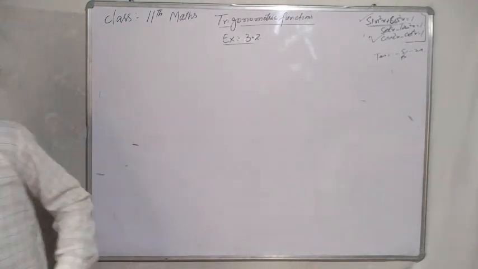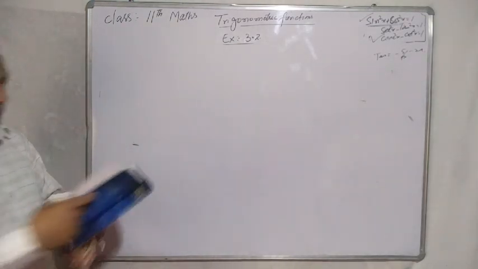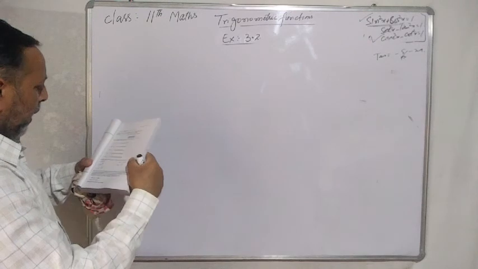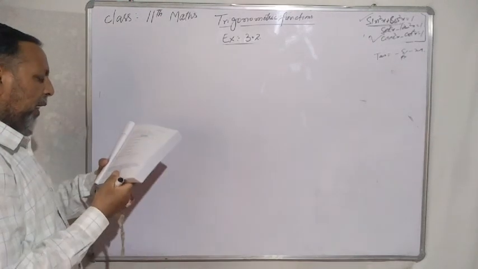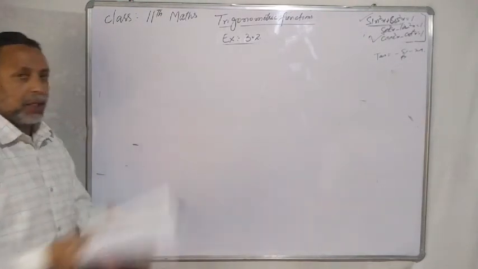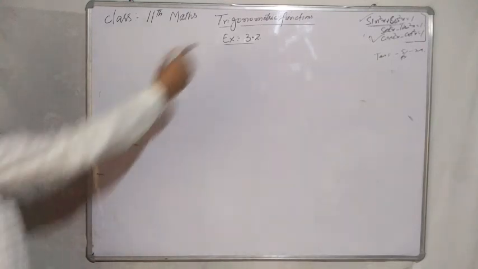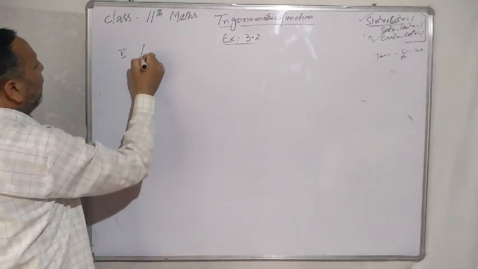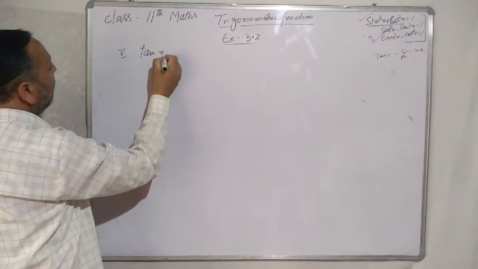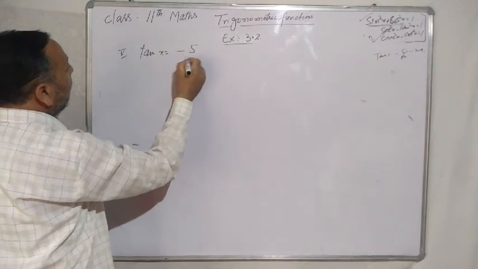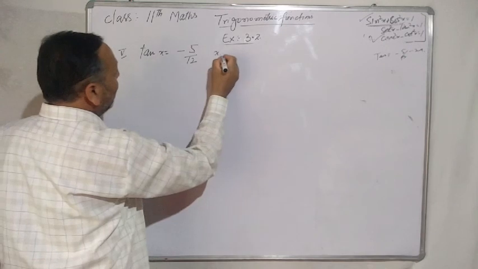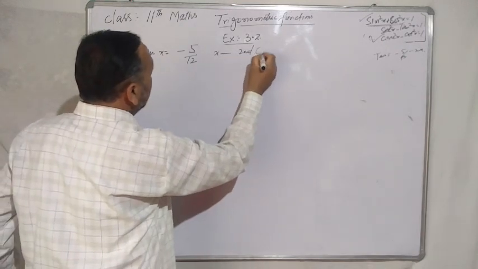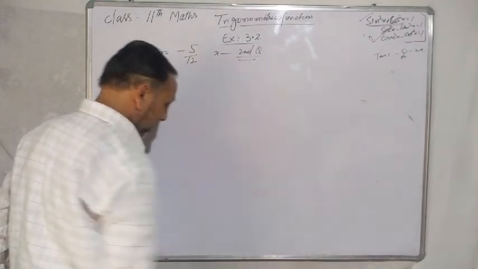Fifth question. Question 5: tan x is equal to minus 5 by 12 and x lies in the second quadrant.